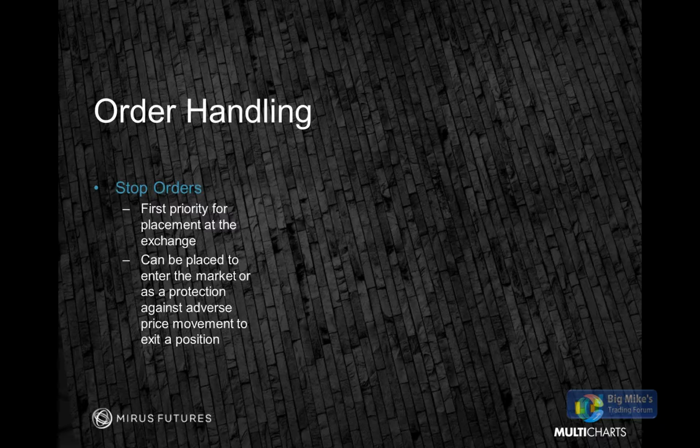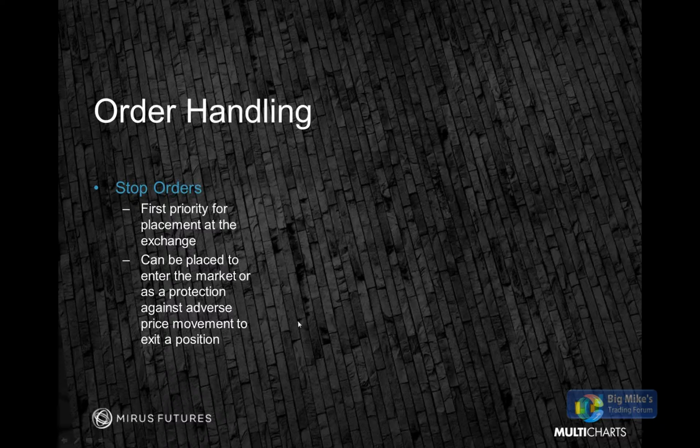When you send an order to the exchange, it travels directly there, where it's held in a queue and is filled on a first in, first out basis, or FIFO. If a stop order reaches the exchange at the same time that a limit or market order gets there, the stop order is going to have first priority in placement.